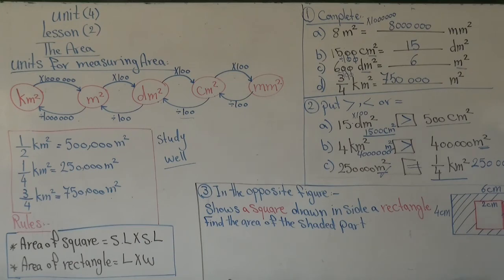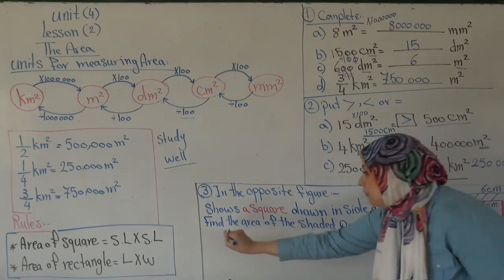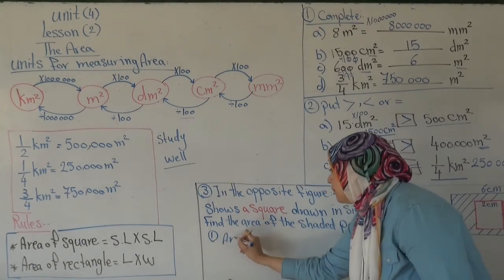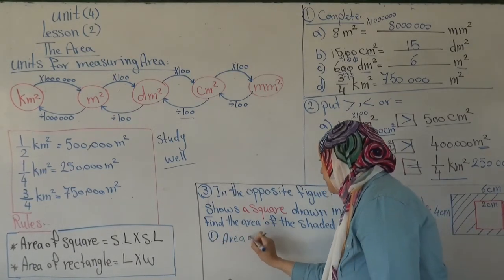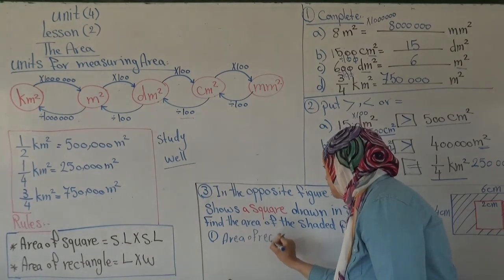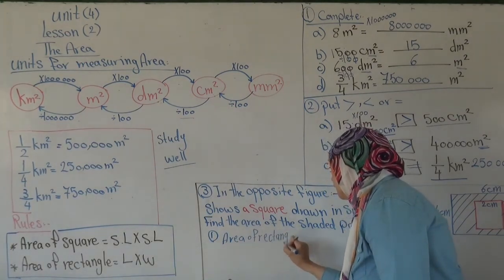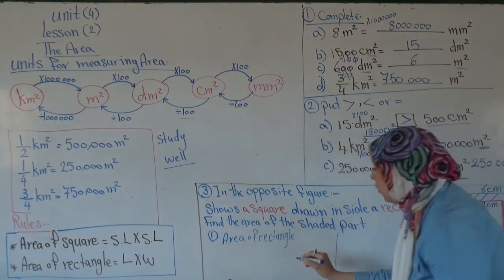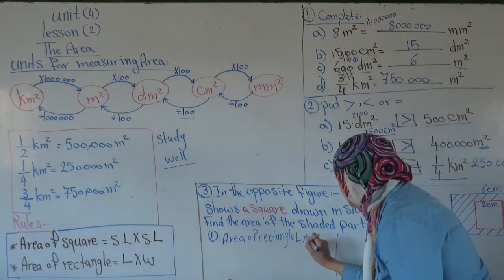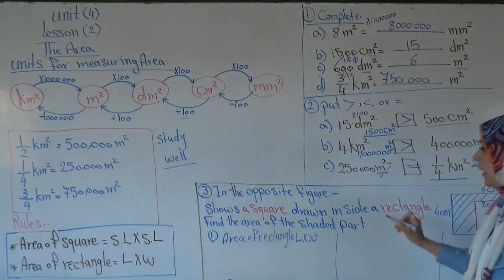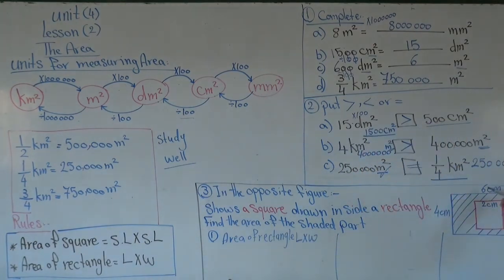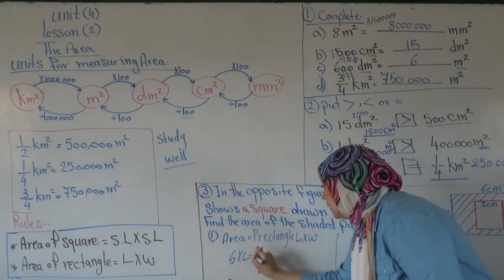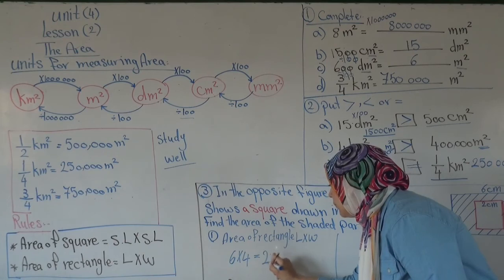Okay, let's start. Number 1, area of the rectangle. I will divide the board into 3 parts. This is number 1. Area of rectangle, length times width. Look at the shape. Length times width, 6 times 4 equals 24.